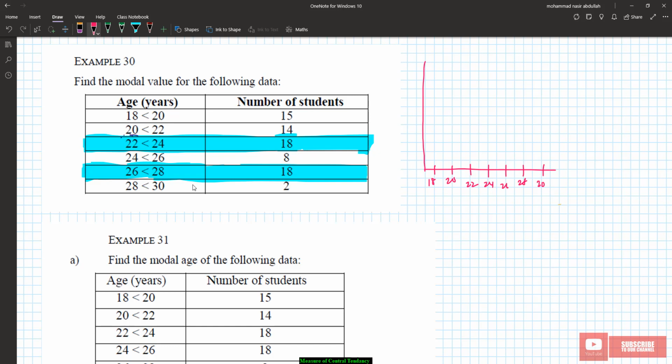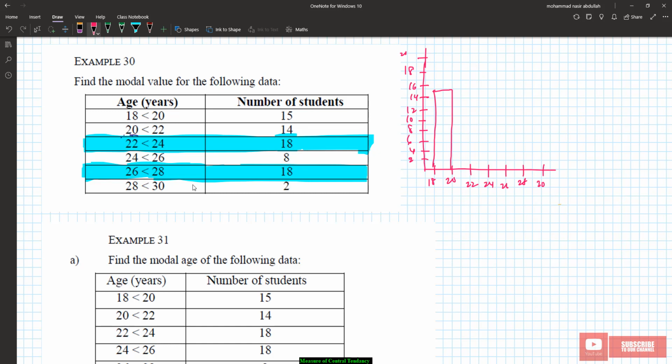Let's say the frequency axis goes 2, 4, 6, 8, 10, 12, 14, 16, 18. It's just an example. So for 18 to 20, we have 15, which should be here.